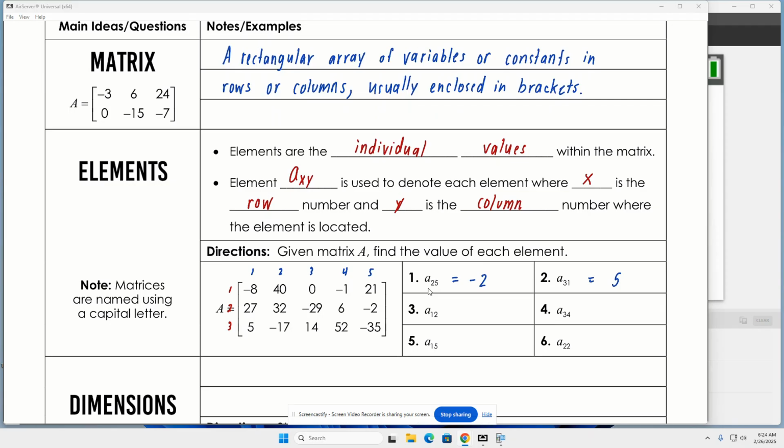So if I'm talking about how to identify the specific element of a matrix, you're going to see it written in this form where you have your element listed as A with a subscript representing the row and the column. So one more I'm going to do with you, and then hopefully you'll answer a couple for me. A sub 1,2. So that's row 1, column 2, so that's the value 40. So A sub 1,2 equals 40.